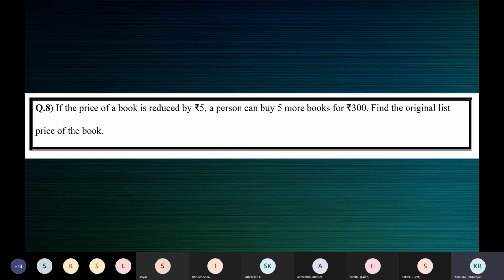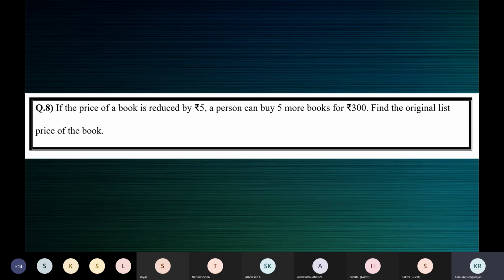Like distance is fixed, here the money you have with you is fixed, 300, in both the cases. Like we have varying speeds, here we have varying prices: original X, new X minus 5. Like how we find time using distance by speed, here we find the number of books we can buy.